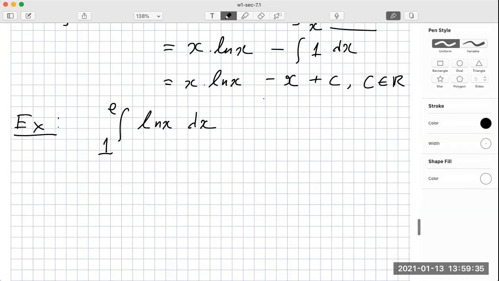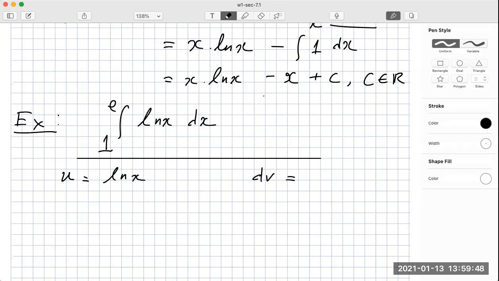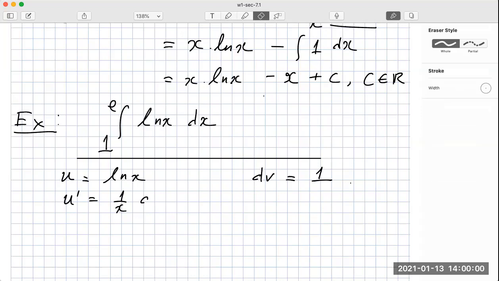So we do the same things. We define u to be natural log of x, and dv is 1, right? The same procedure. We need to find u prime, which is 1 over x here.